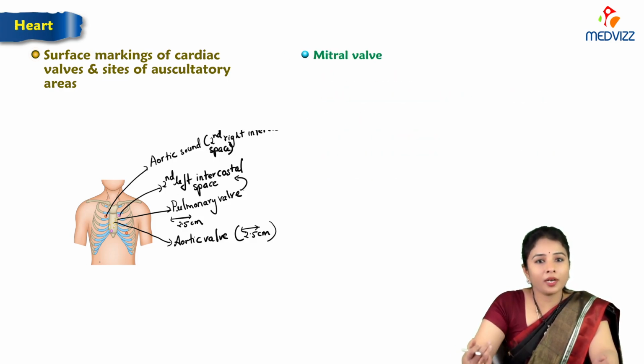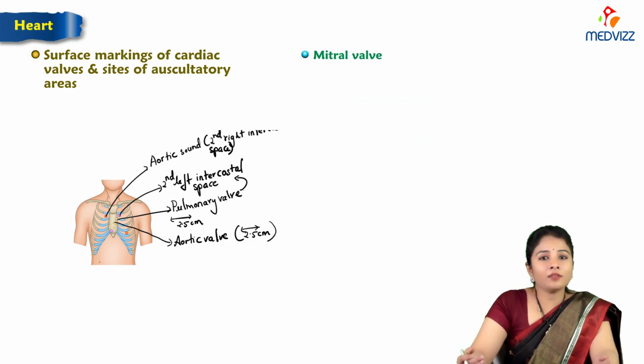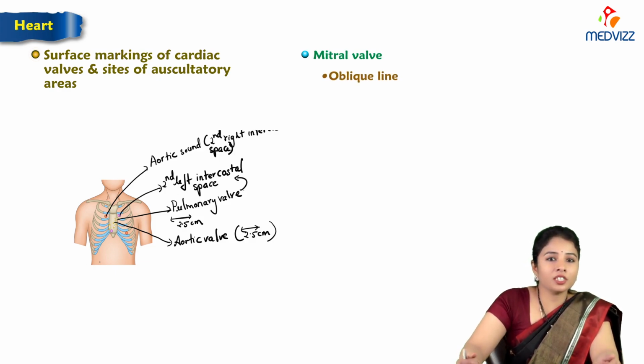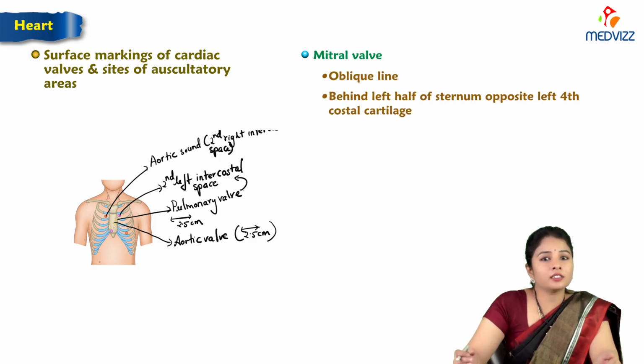Next we move on to the mitral valve. The mitral valve is an oblique line 3 centimeters long, behind the left half of the sternum opposite the left fourth costal cartilage.